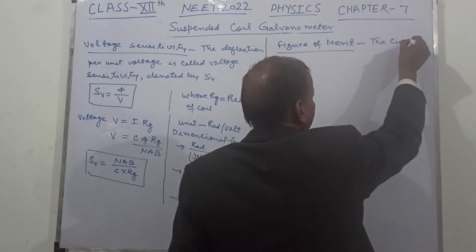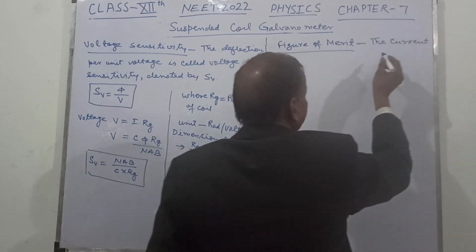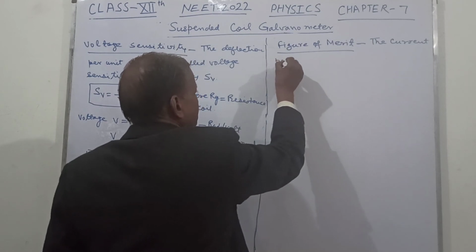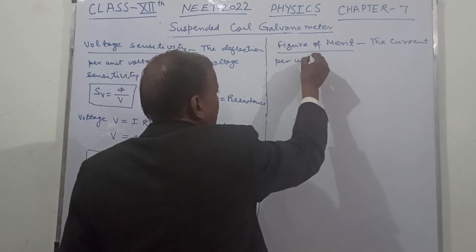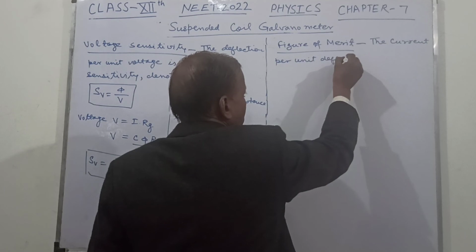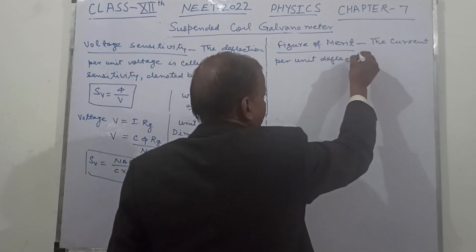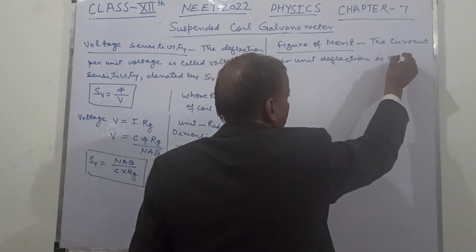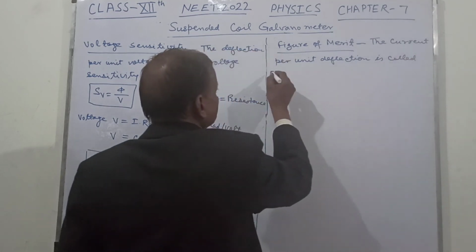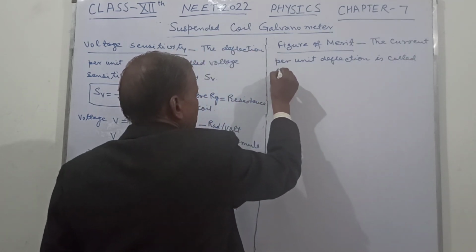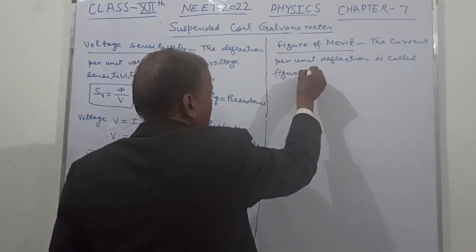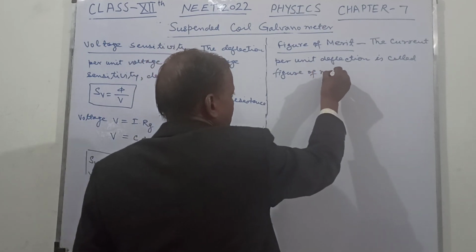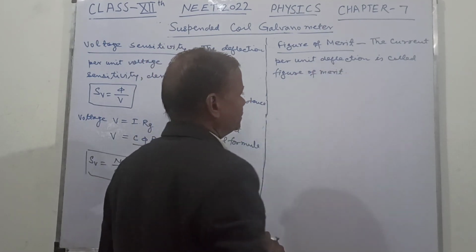The current per unit deflection is called the figure of merit.